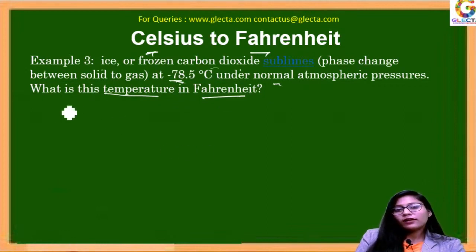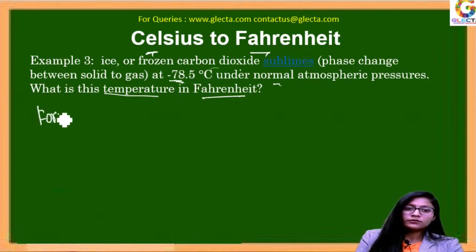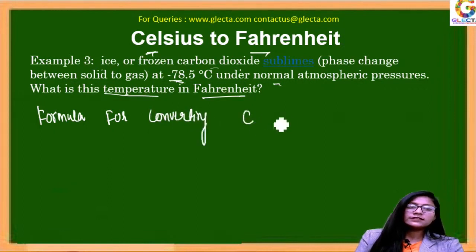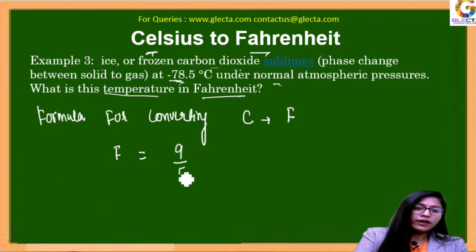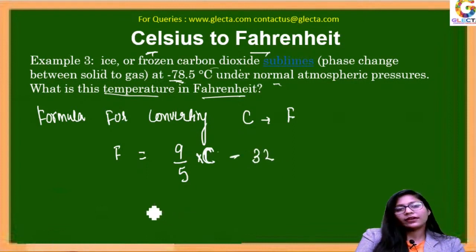Okay, the formula for converting Celsius into Fahrenheit is F equal to 9 by 5 times C, where C means the Celsius, then you have to subtract 32 from it, okay?